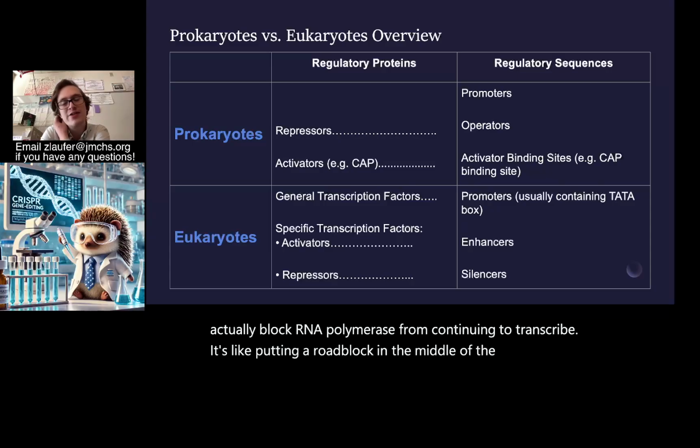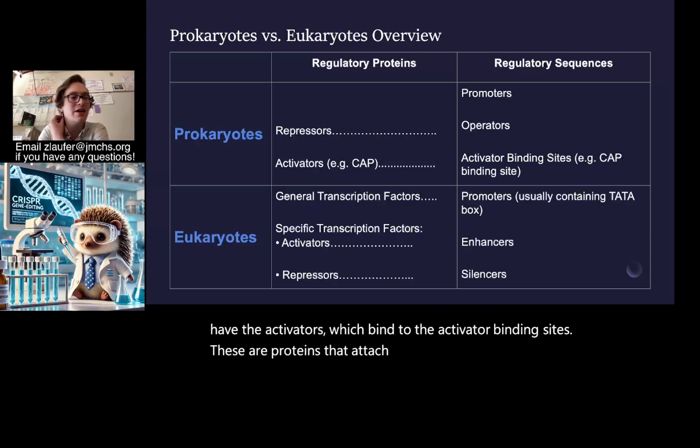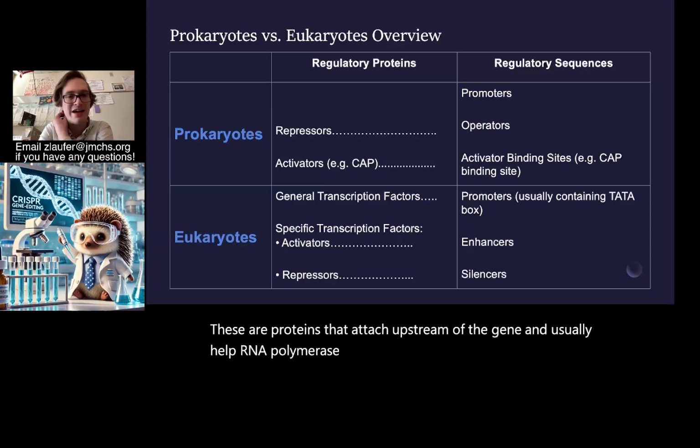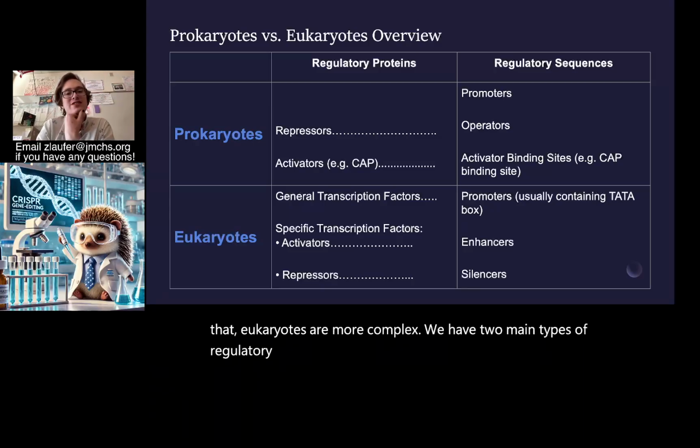Then you have the activators, which bind to the activator binding sites. These are proteins that attach upstream of the gene and usually help RNA polymerase attach and keep the active site open for that. Eukaryotes are more complex. We have two main types of regulatory proteins, general and specific.